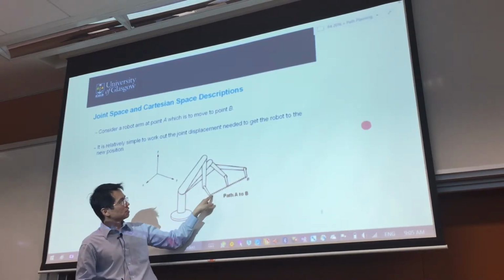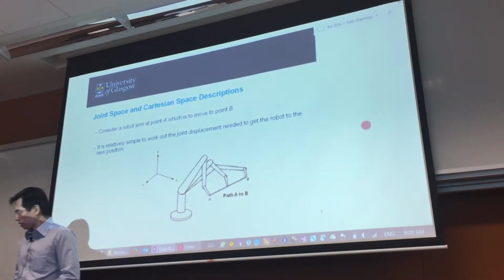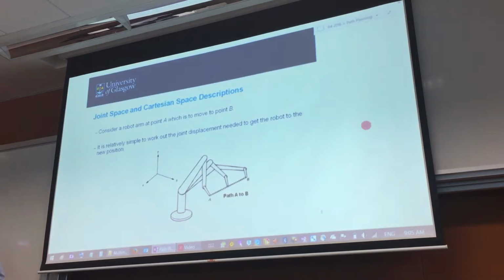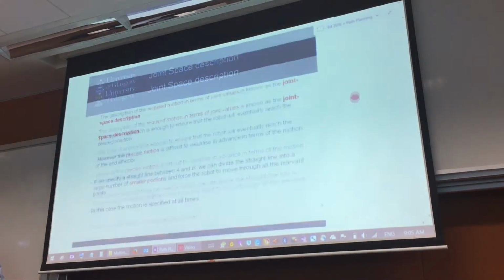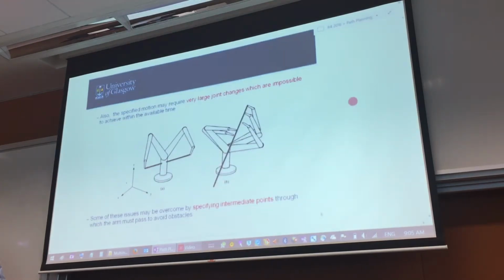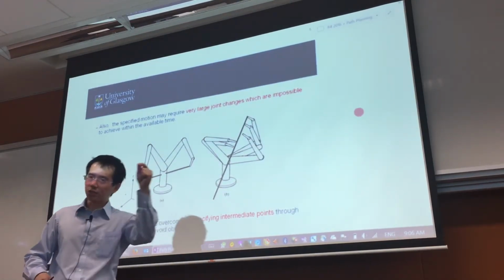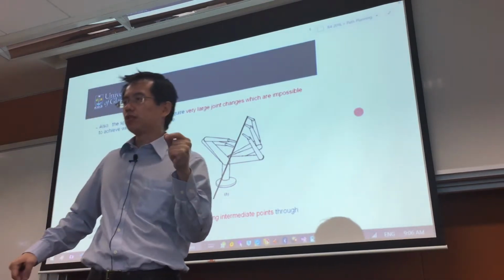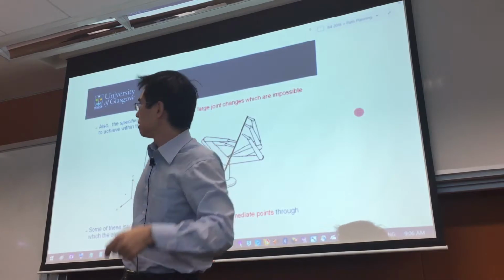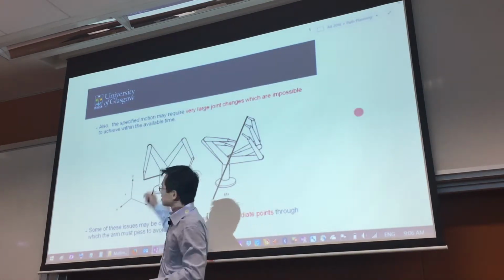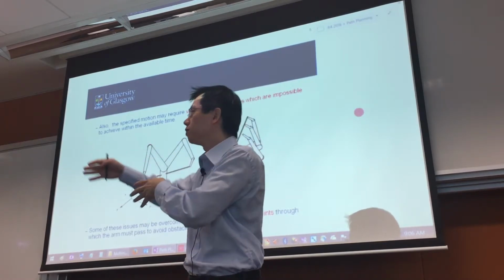Now, why is this intermediate point definition important? That's because sometimes you'll face a problem where the robot may need to pass from position A to position B. If it's going to be in a straight line, then you'll pass through itself. So in that case, you need to define another place for it to go to.